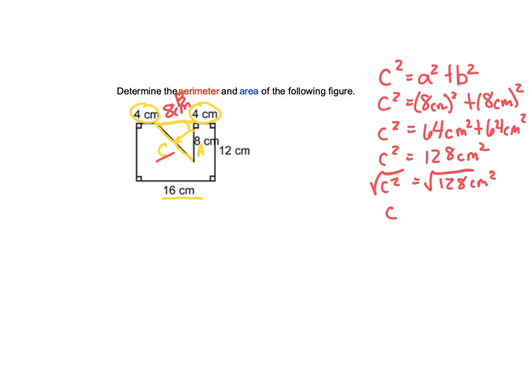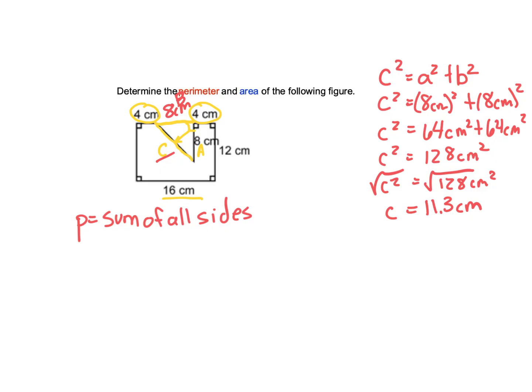We are left with C equals 11 and 3/10 centimeters. Now we can actually go ahead and find all the pieces and put it all together to find the perimeter. We know that P equals sum of all sides.